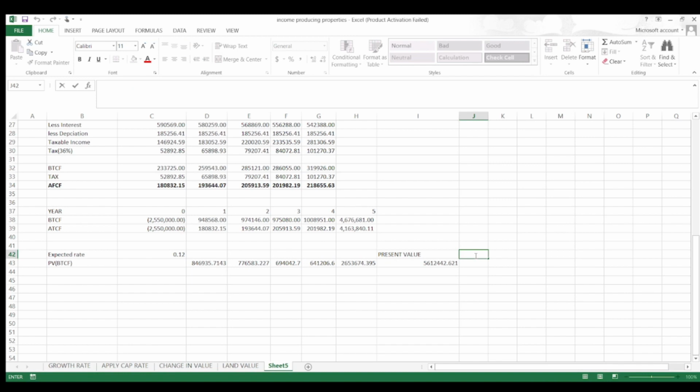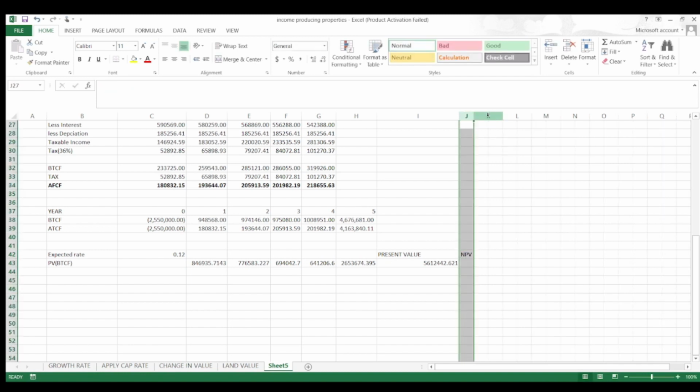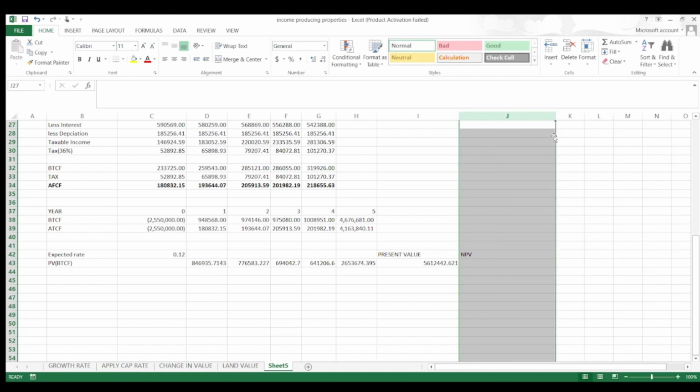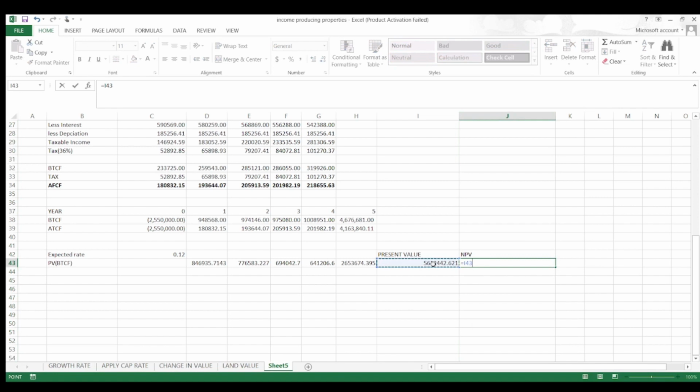And our net present value will be equal to this present value of the cash flows less the before tax cash flow. So in this case, it equals this.